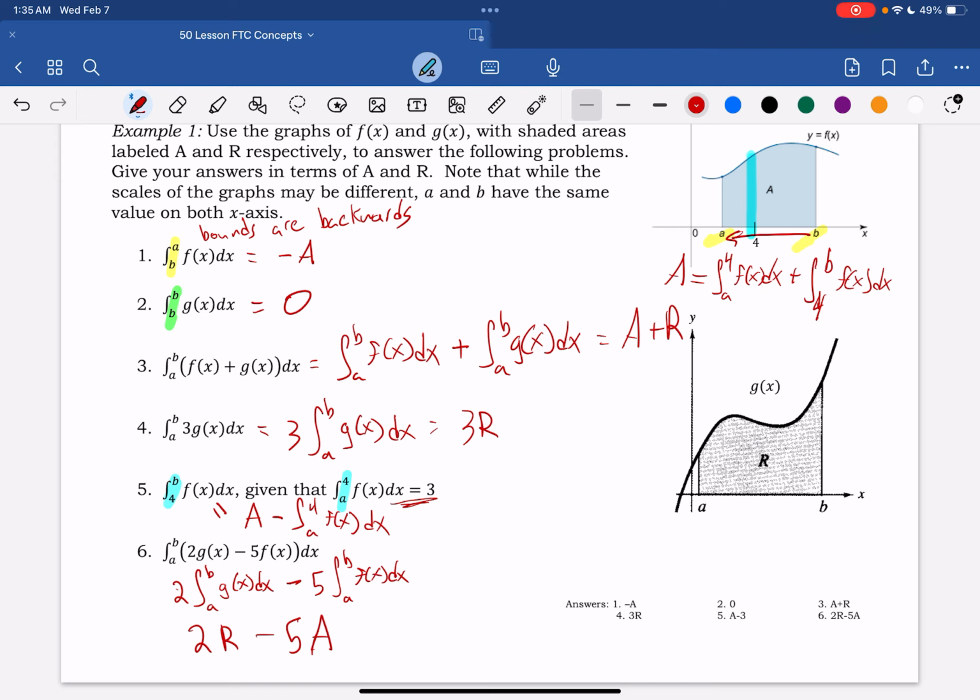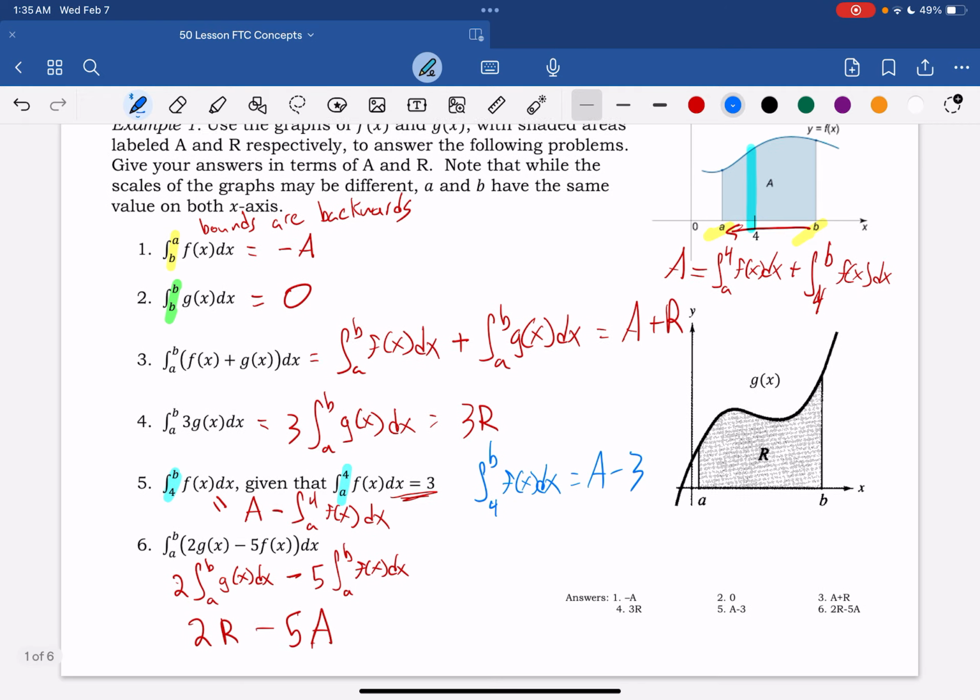And so 4 to b of f of x dx is going to be a minus 3.